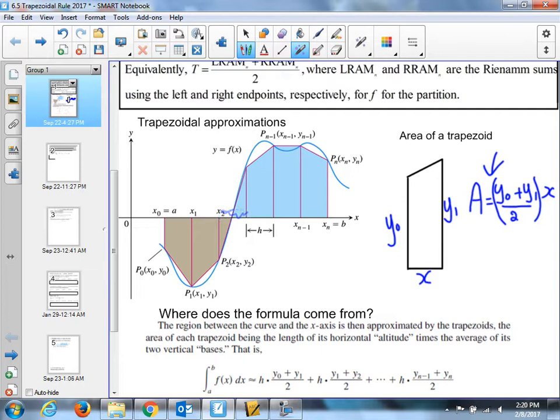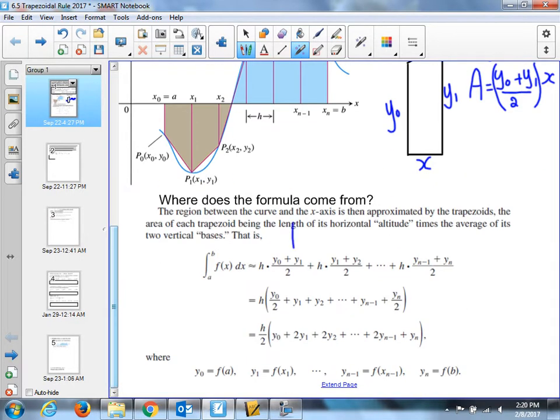But honestly, I don't do it that way all the time. I just take the average of the two heights for the first strip times the width. They're using H in a different way. I don't like using H as that variable, but their H is the base width, and I keep thinking of H as height.